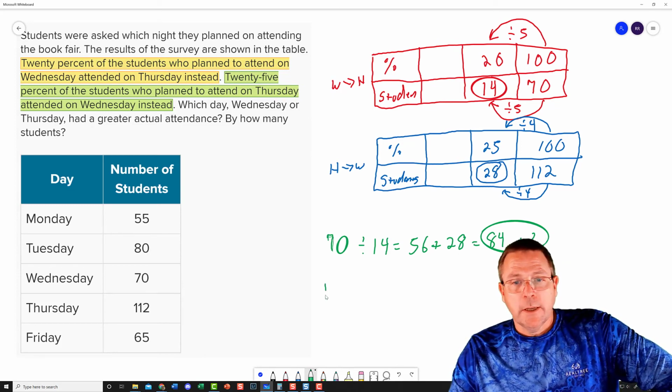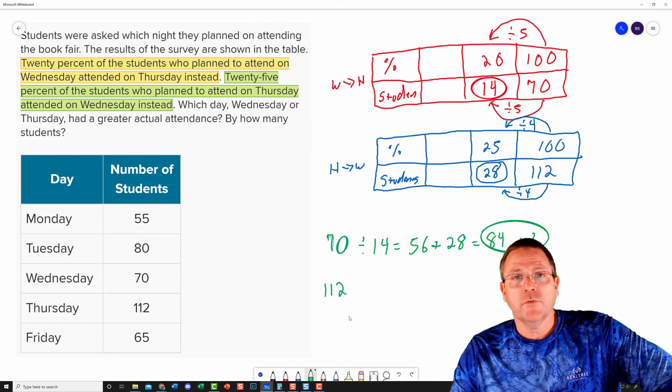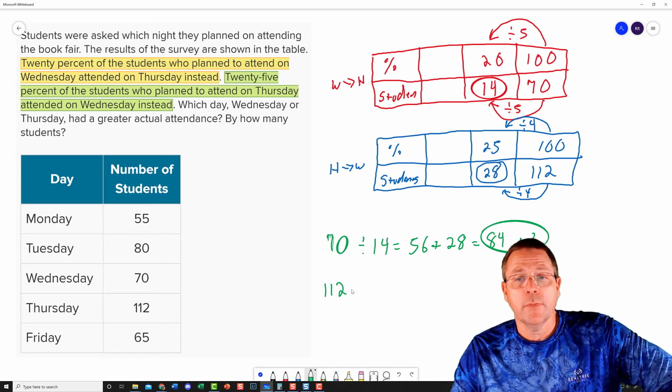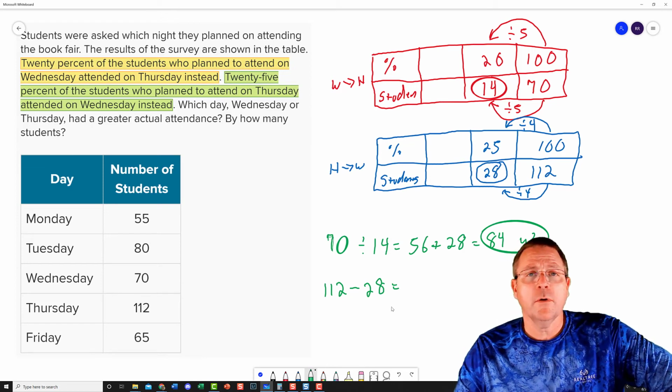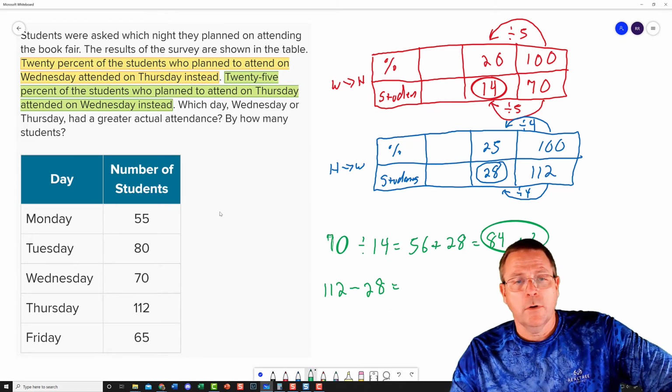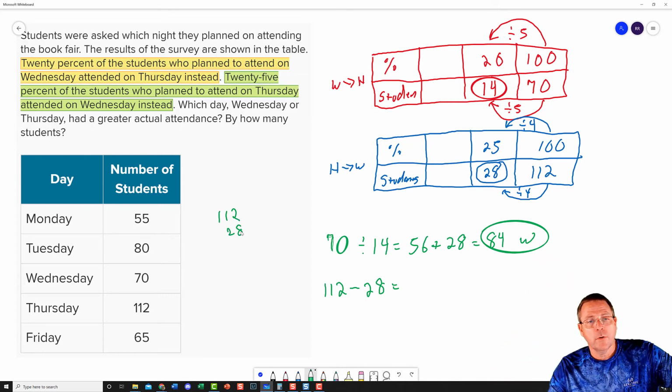On Thursday, you had 112 students that said they were going to go on Thursday. But of those, 28 decided, you know what, forget Thursday, we're going on Wednesday instead. So I'll come off to the side and do a little bit of grunt work. My brain is tired. We're going to do some borrowing here. 112 minus 28 is going to give me 84.